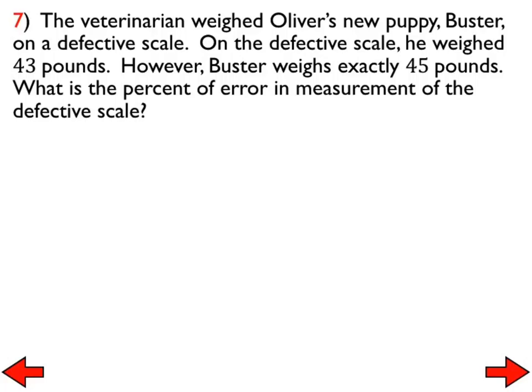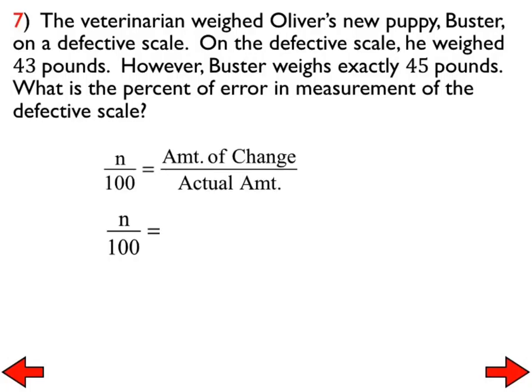Just the setup. Amount of change. How much was it different by? Over how much was he actually? Perfect. Go ahead and solve this one. 4 4/9% is correct. Raise your hand if you got that. Awesome. Good job.